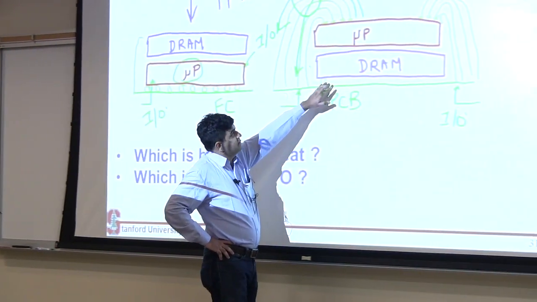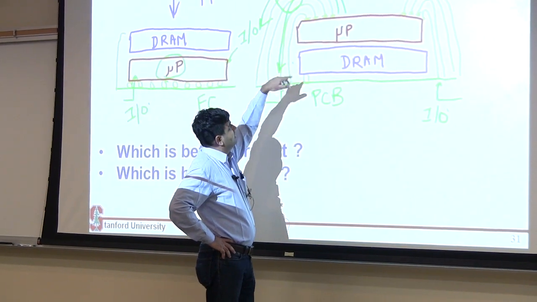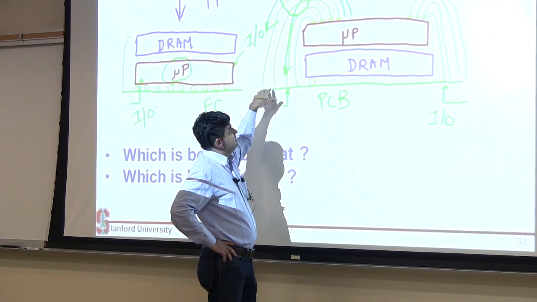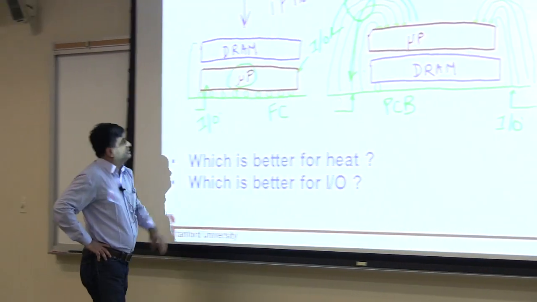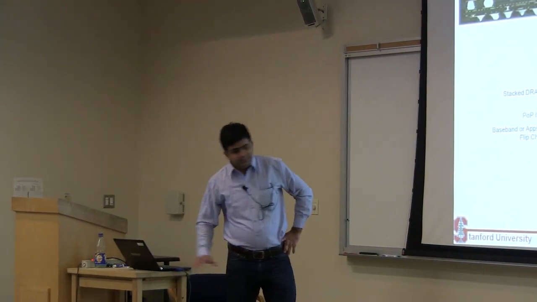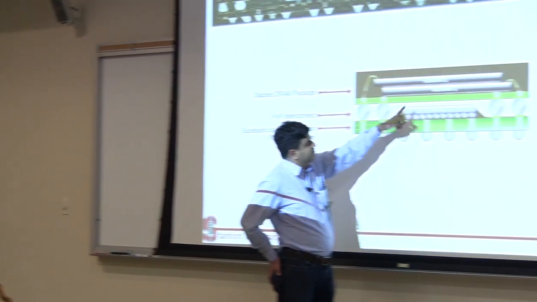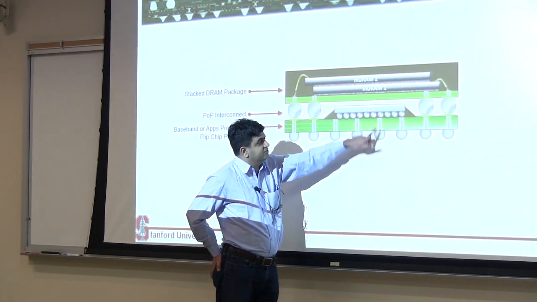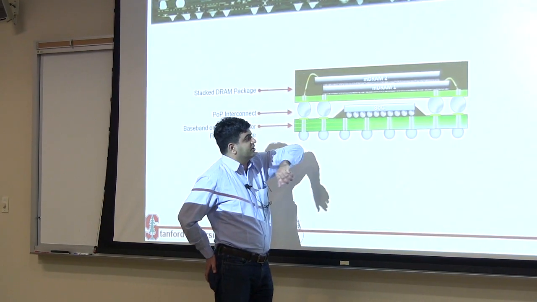On the other hand, if you did it like this, you'd have to have wire bonds to take all these I/Os from your PCB to your microprocessor. So this is the reason why they do it this way. The microprocessor is placed at the bottom because you can flip it and have most of your I/Os coming from your PCB going directly to your microprocessor.